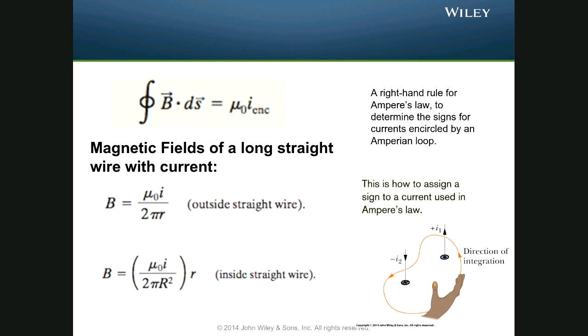So if we have a long current-carrying wire, we'll make the current positive. Well, we can't make it positive yet, right? We have to pick a direction of integration. So I want it to be positive, so that means I have to choose this direction to go around. This isn't a current. This is an Amperean loop.